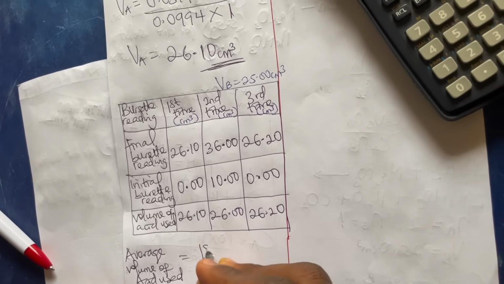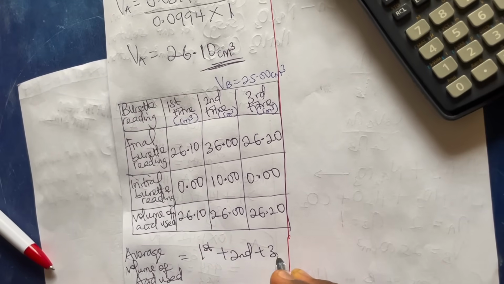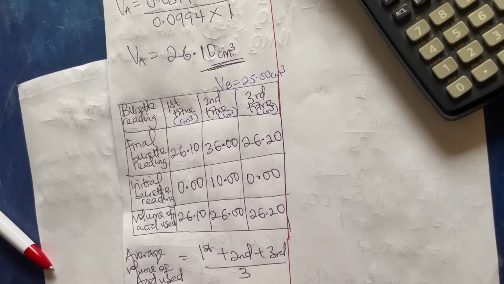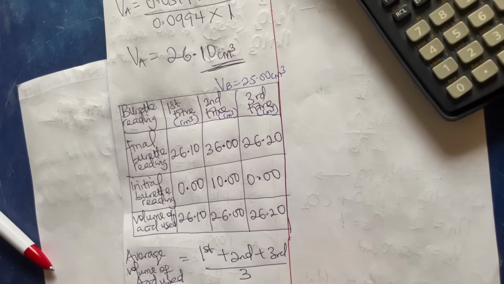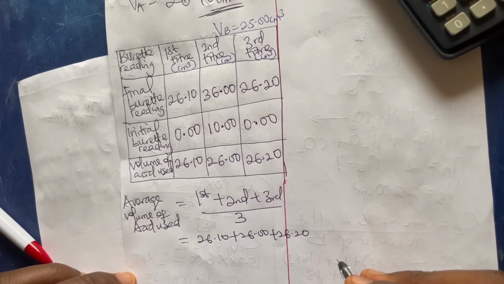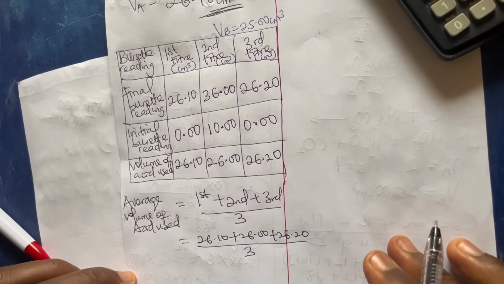That will be my first titer plus my second titer plus my third titer, all over 3. That will be 26.10 plus 26.00 plus 26.20, everything over 3.